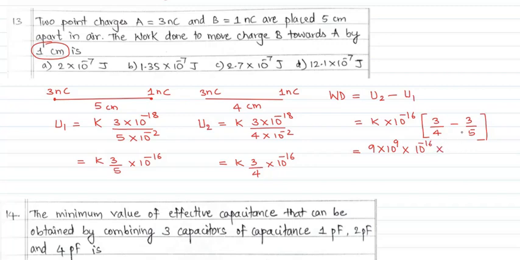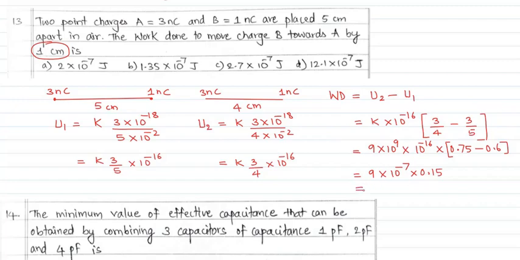If I simplify this, you can take LCM or I will convert it into decimals. 3 by 4 is 0.75, 3 by 5 is 0.6. Now simplify, you will have the answer. So this is equal to 9 into 10 raised to plus 9 minus 16, which means minus 7, into, if you subtract, 0.15.